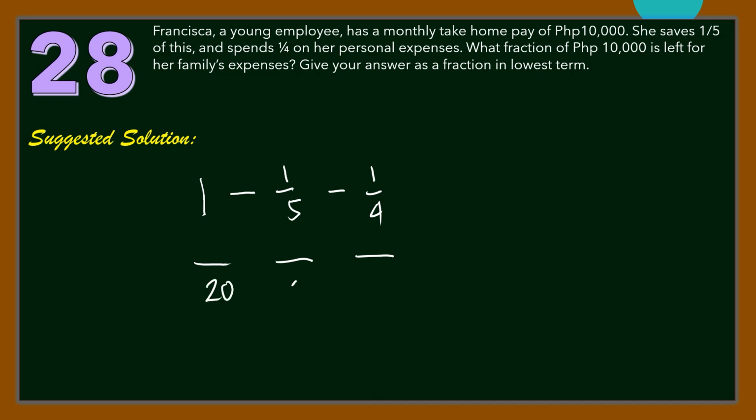Then we have 20 over 20 minus 4 over 20, that is 1/5, minus 5 over 20, that is 1/4. Then we have 20 minus 4 minus 5, that is equal to 11 over 20. That's the fraction of the 10,000 pesos that was left for her family's expenses.